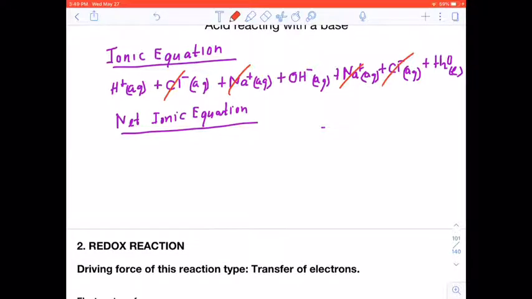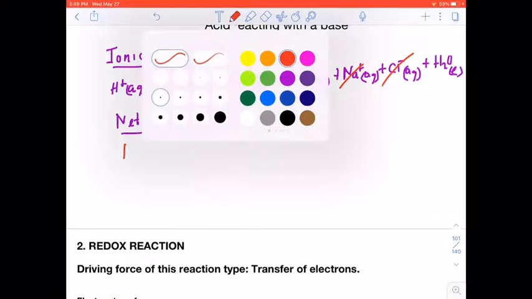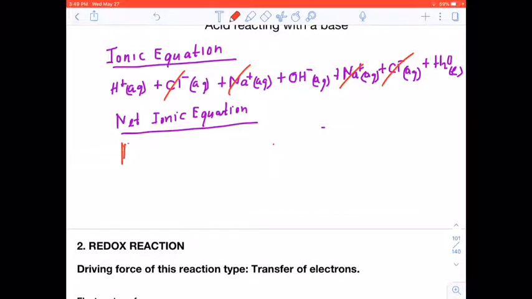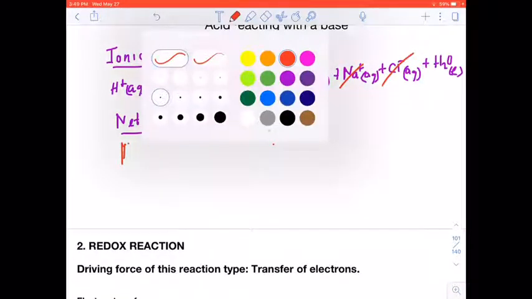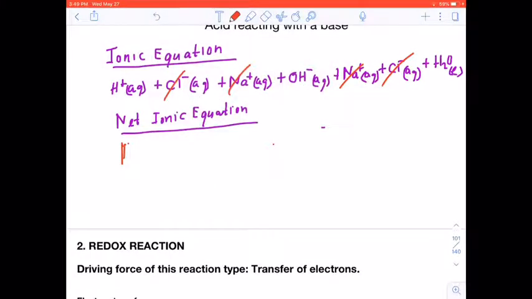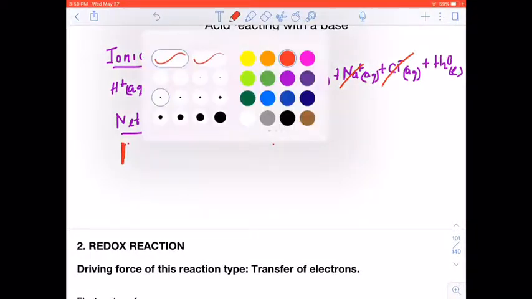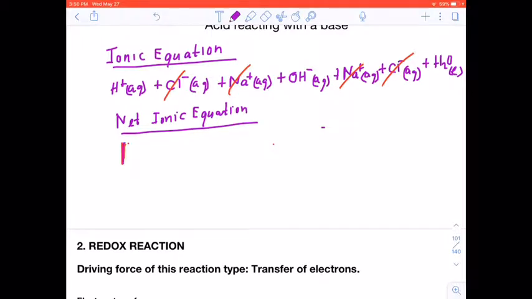So our net ionic equation would be H plus aqueous plus OH minus aqueous, and that gives us H2O liquid.